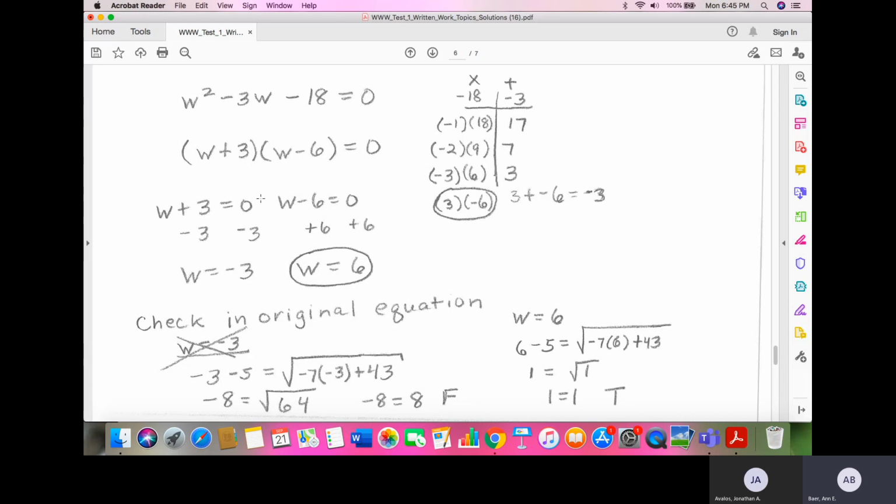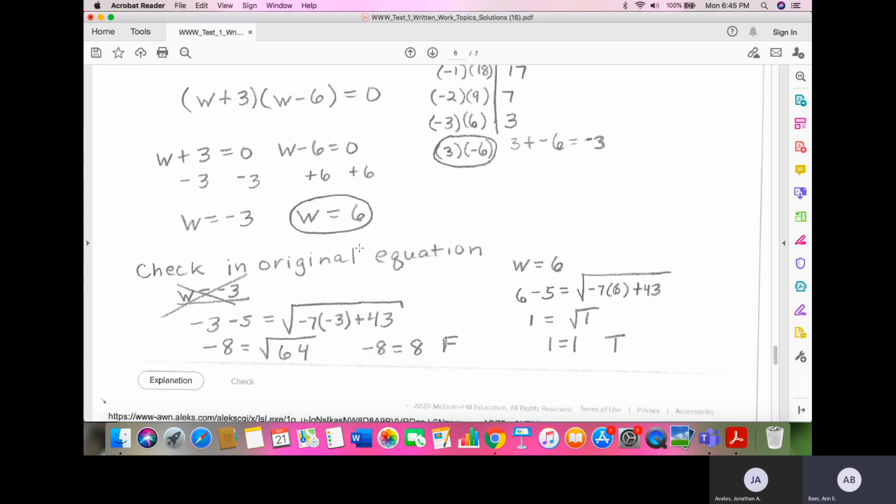So we set this one equal to 0. We set that one equal to 0. And we solve. W equals negative 3 in this case, because we subtract 3 from both sides, so this is gone. Add 6 to both sides. This is gone, so we get W equals 6.